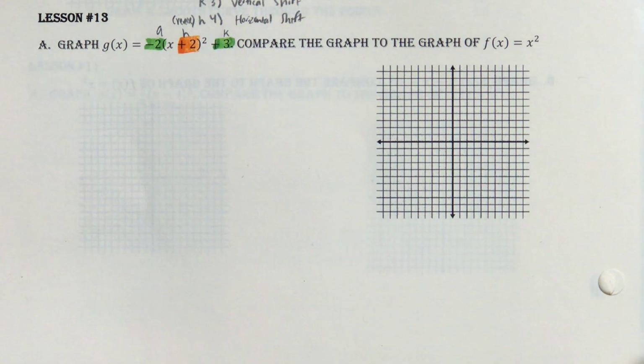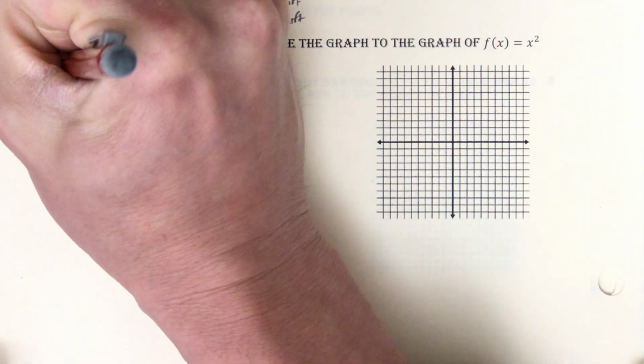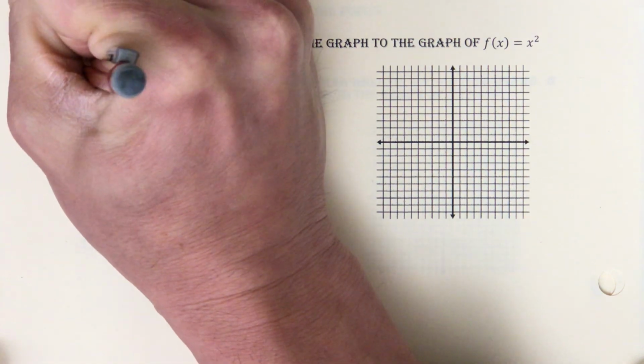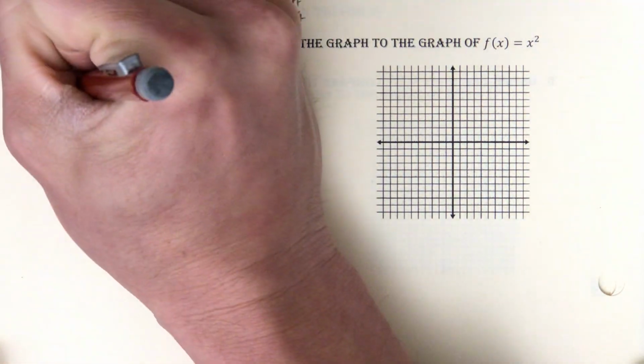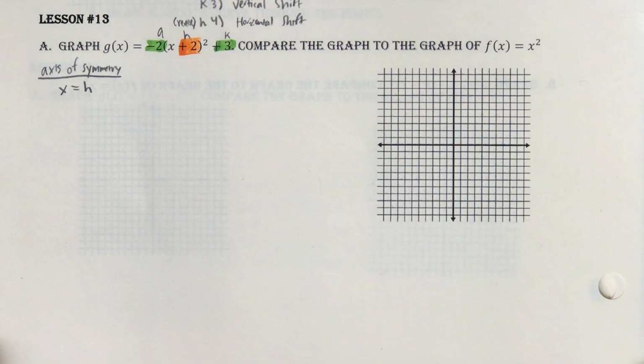All right, so now in order to be able to graph these, the first thing we want to do, as we talked about on how to graph, is graph the axis of symmetry. So we need to know what is the axis of symmetry so that we can graph it. Now the axis of symmetry here is always going to be x equals h, remembering that h works as an opposite.